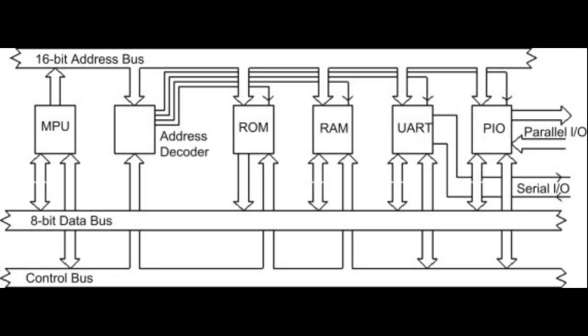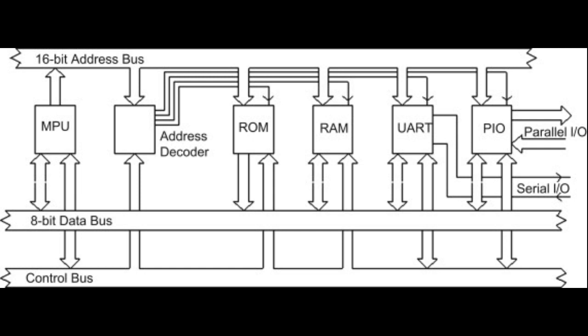What we see in this image is a typical 8-bit microcomputer architecture. Explaining how it all works goes far beyond the scope of this video. What we basically have to understand is that when the CPU wants to communicate, read some bytes, write some code or data, or access I/O ports, it just emits an address on the 16-bit address bus.